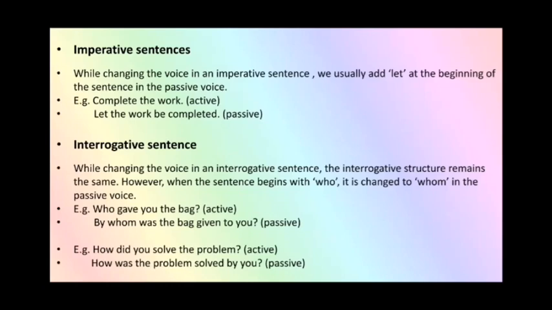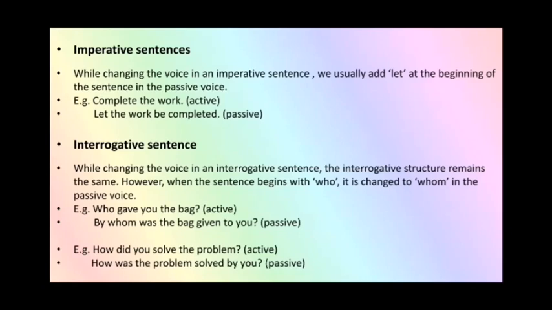For example, who gave you the bag? This is the active voice. By whom was the bag given to you? Now, this is the passive voice. Now you can see "who" has changed to "whom" in the passive voice and the question mark is not removed.